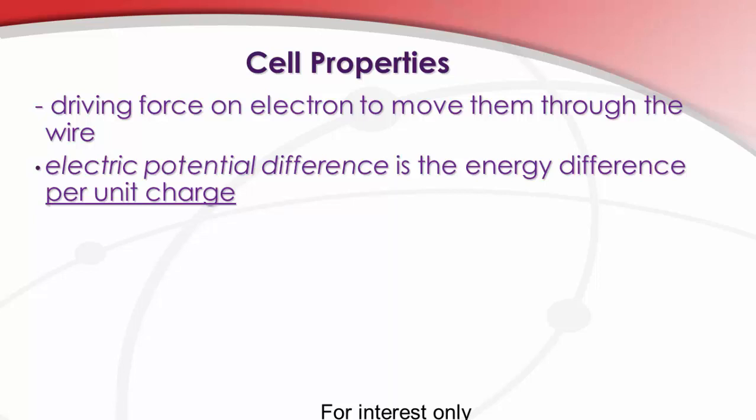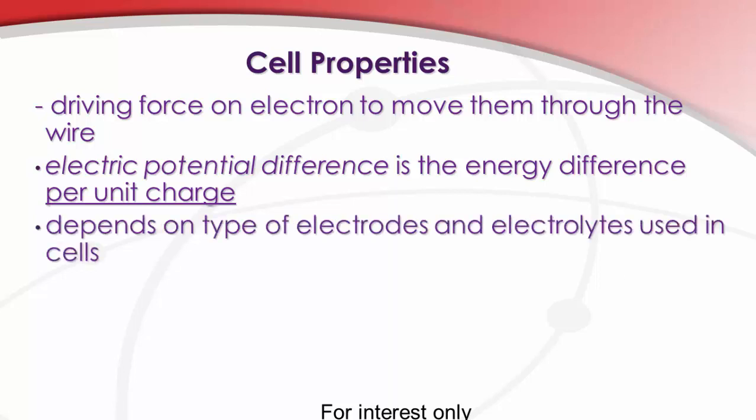And it's essentially the amount of energy that will be generated per electron. And that is a function of the electrodes and the electrolytes, and we're going to see more of that soon.